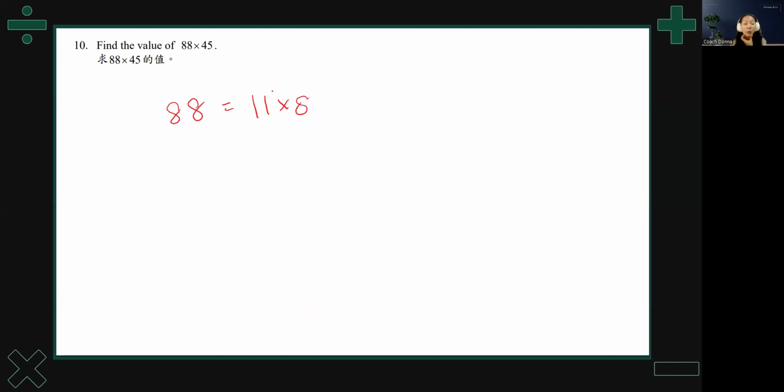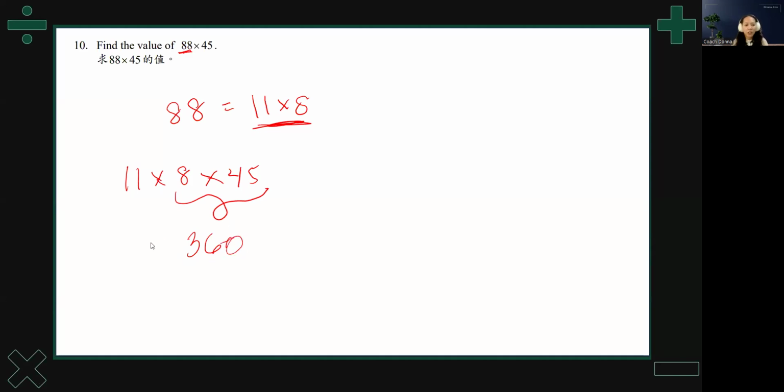It makes our multiplication much easier. So 11 times 8 times 45. So we just changed 88 into its factors, okay? Now multiply 8 and 45. If you multiply 8 and 45, you'll get an answer of 360.